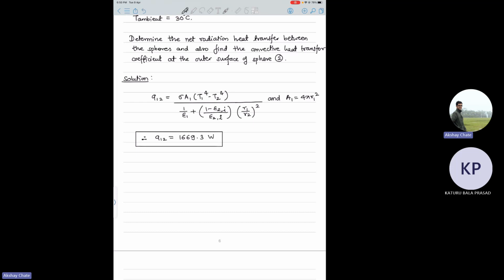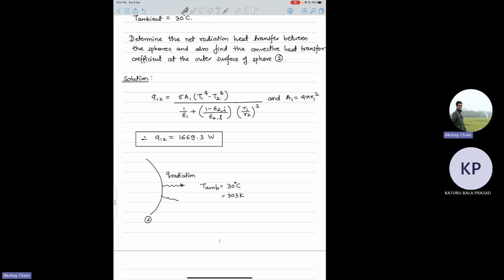Now coming back to the second problem. So what they are asking is, if this is your outer surface of sphere 2, this ambient temperature is 30 degrees Celsius, which is 303 Kelvin. So there is heat transfer due to radiation also, because they have given emissivity at the outer surface of sphere 2.